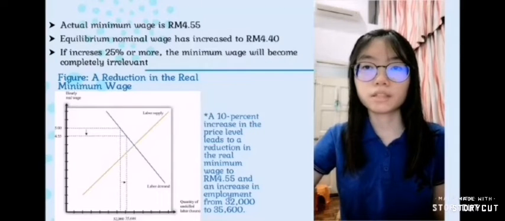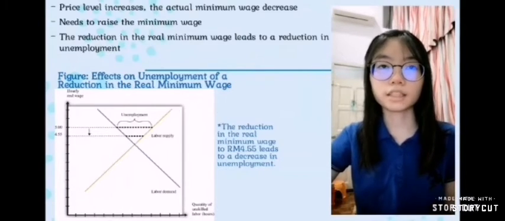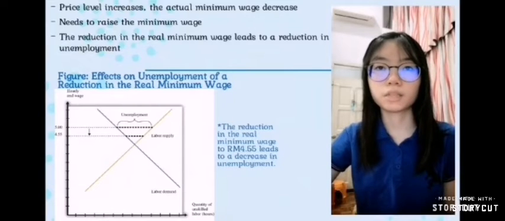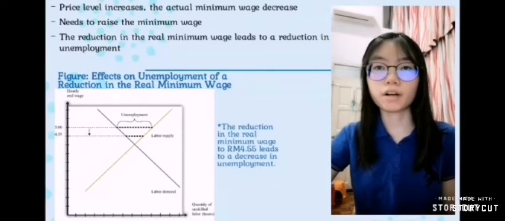The minimum wage will be lower than the market wage. Economists said that in this case, the minimum wage will no longer be binding. As the price level increases, the actual value of the minimum wage will decrease, and its impact on employment will also decrease. Therefore, Congress needs to take action to raise the minimum wage to keep it in line with inflation.